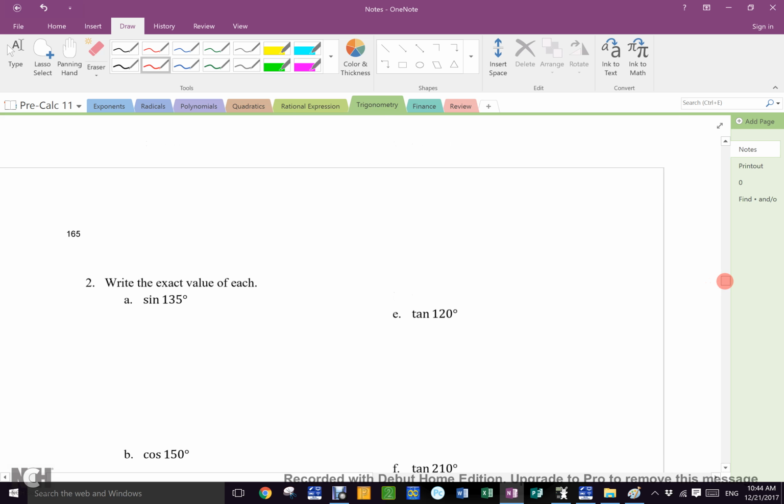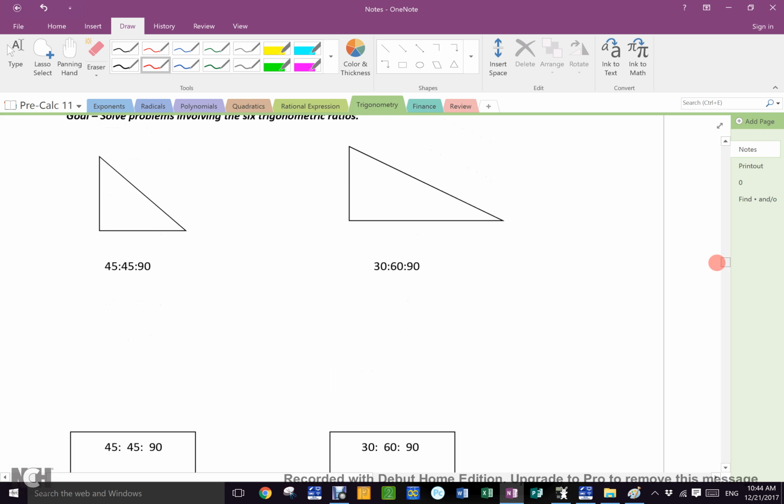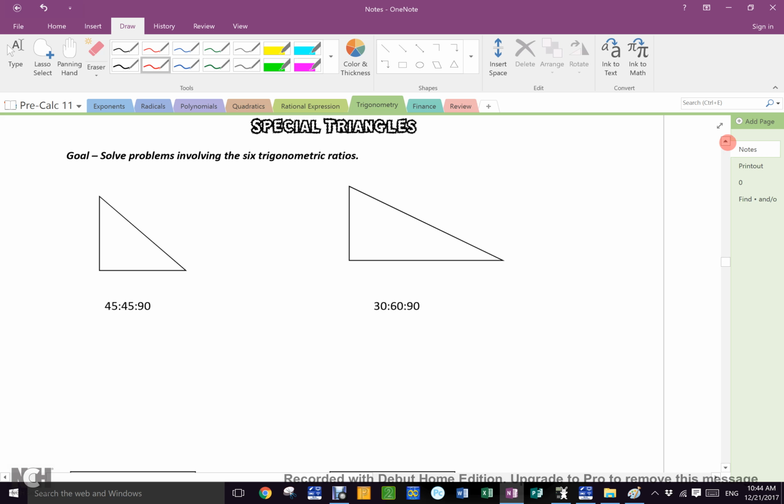Now, today's lesson is not anything new. You actually already know this. There are 2 triangles that work very, very, very well for us. 45, 45, 90, and 30, 60, 90.